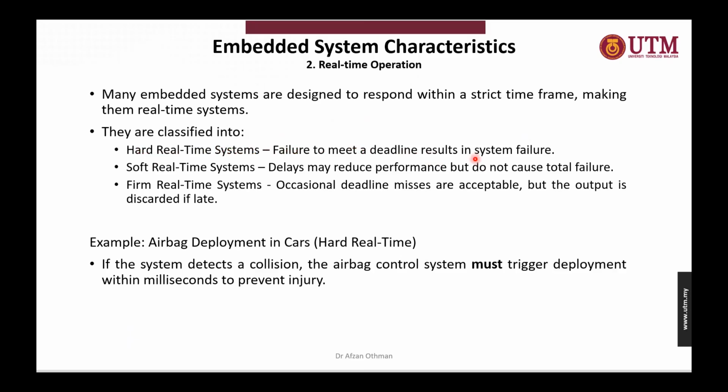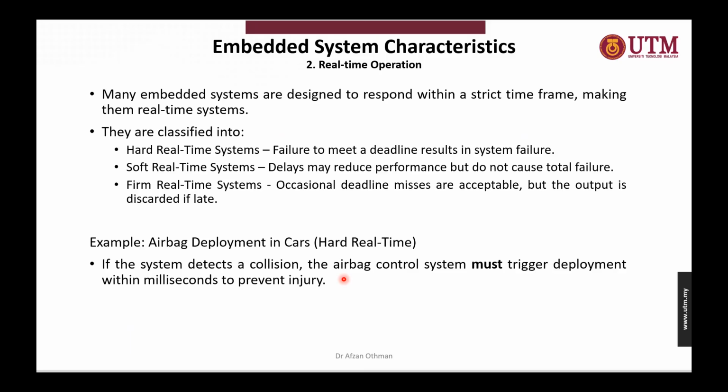An example of a hard real-time system is airbag deployment in a car. If the system detects a collision, the airbag control system must trigger deployment within a millisecond to prevent any injury. What happens if the airbag is delayed and not triggered promptly?